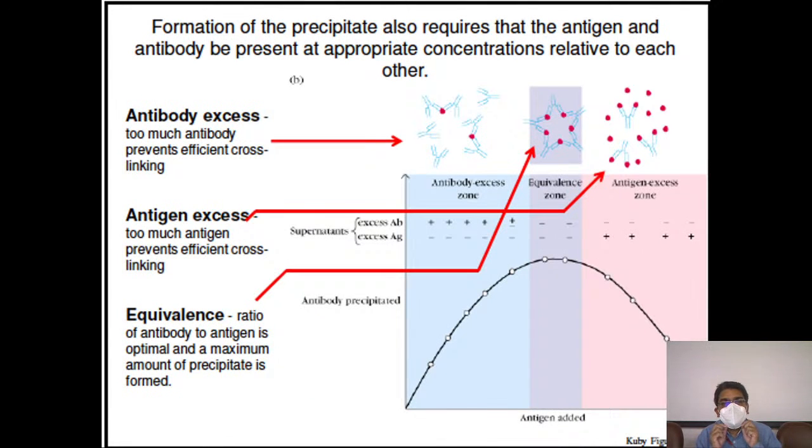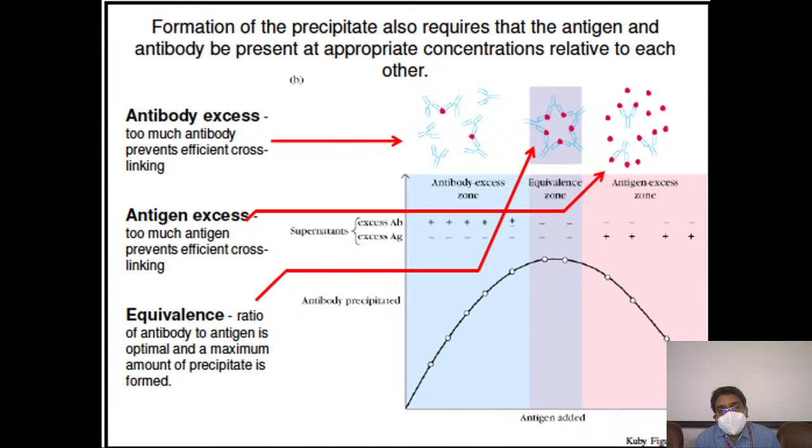The formation of the precipitate also requires that the antigen and antibody be present at appropriate concentrations relative to each other. If one is more or one is less, they will not form a lattice, and no precipitation or agglutination will be seen.